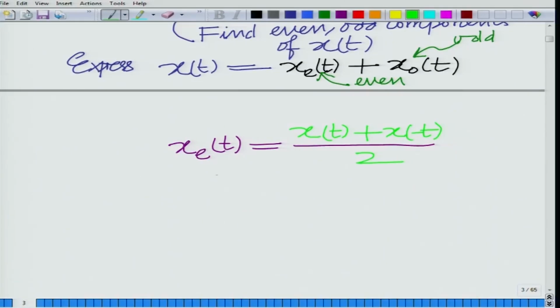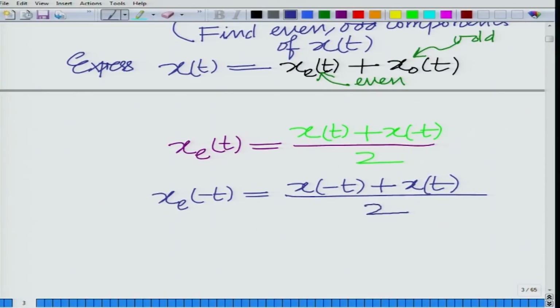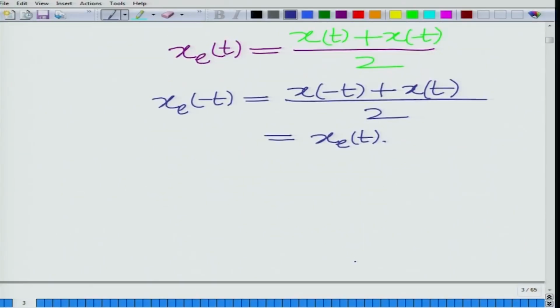You can see this is an even signal because x even of minus t is x of minus t plus x of t divided by 2, which is equal to x e of t. So this is an even signal.